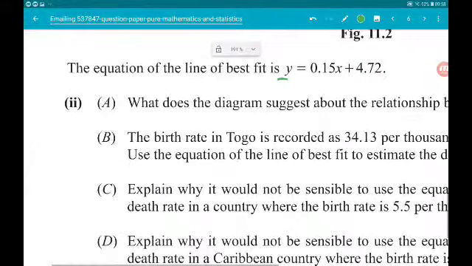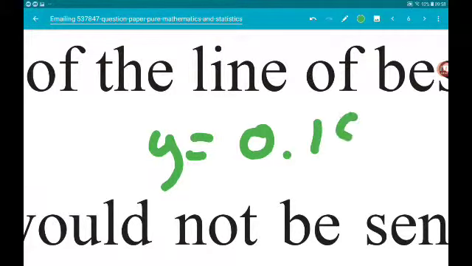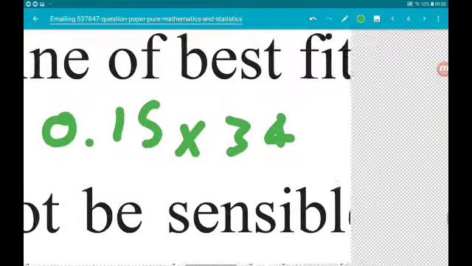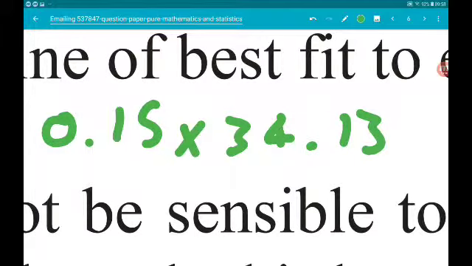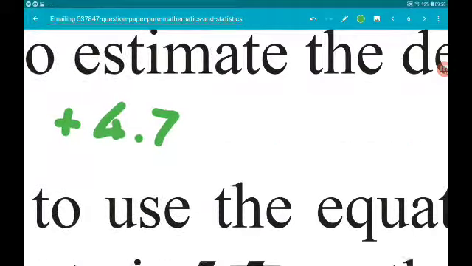So for this, all we need to do is Y is 0.15 times 34.13 and 4.72. And for that we get 9.8395.